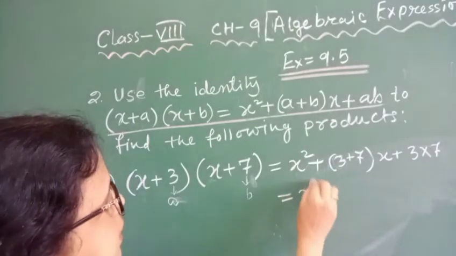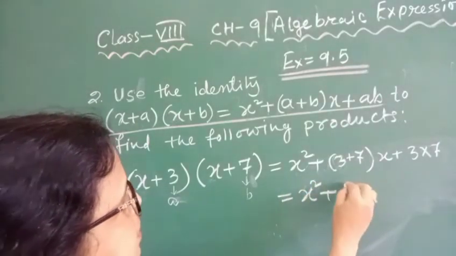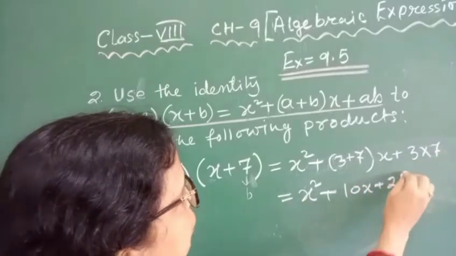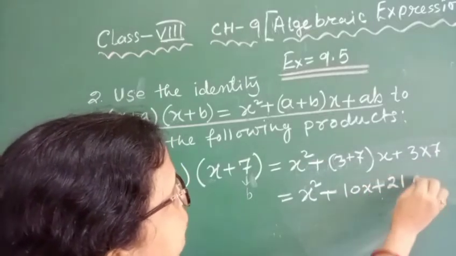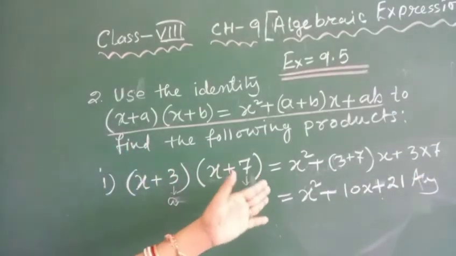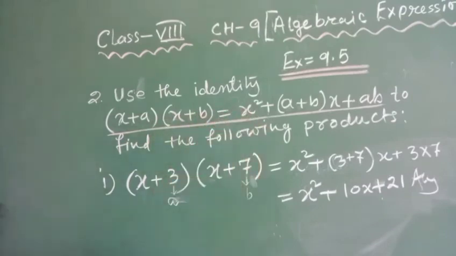The result is x square plus 10x plus 3 into 7, 21. This is the answer of this sum, and the sum becomes easy by using this identity. When we use identities, we make our sum easier and faster.